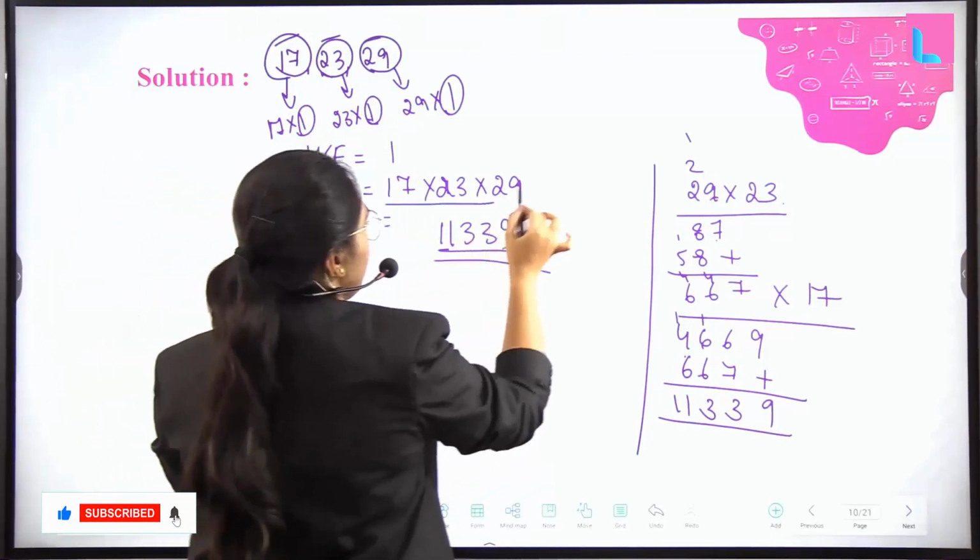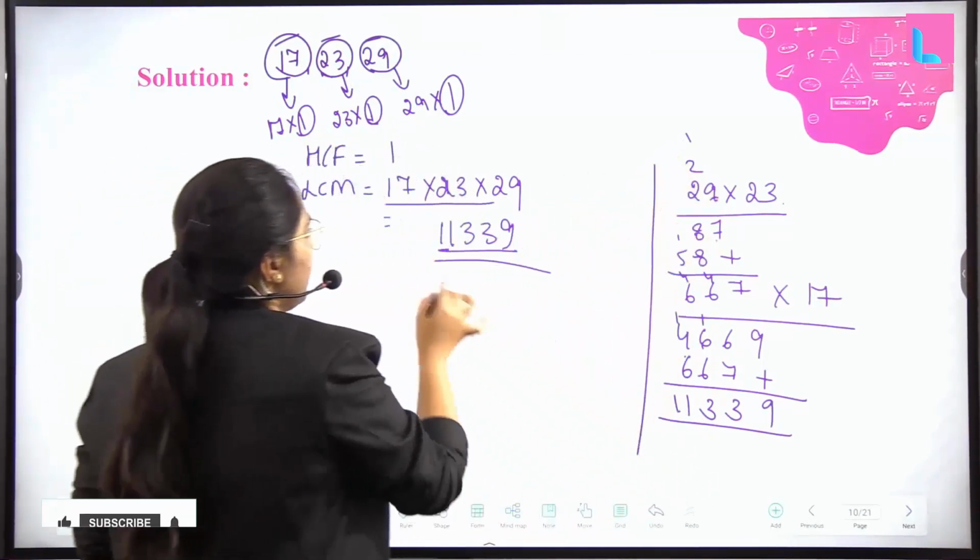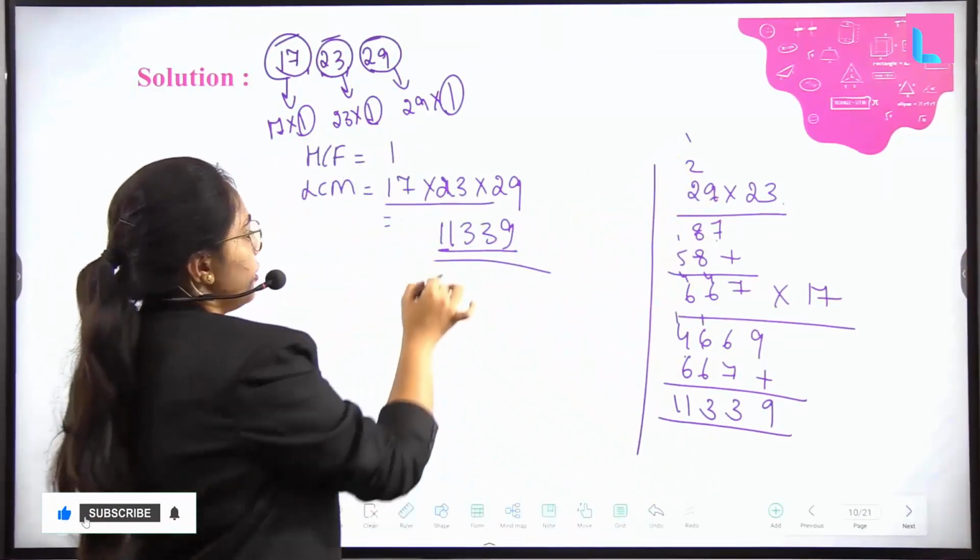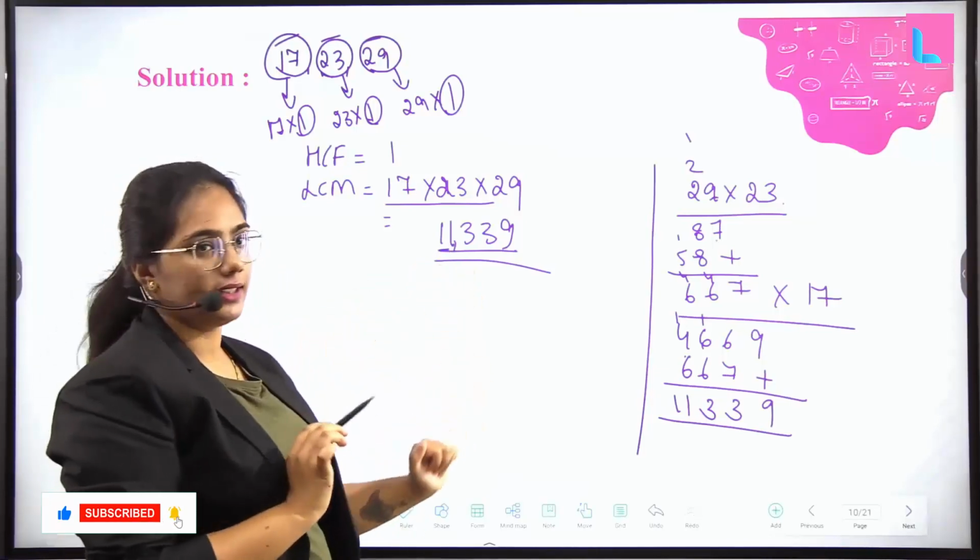If you just multiply all these three numbers, here is the working. You'll be getting 11,339.